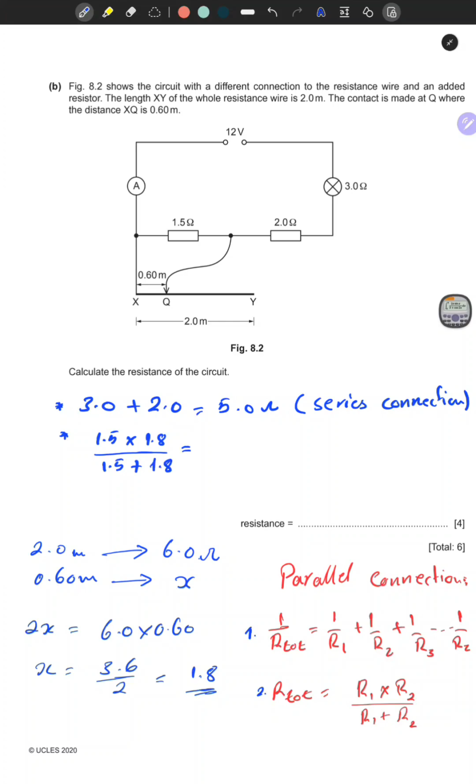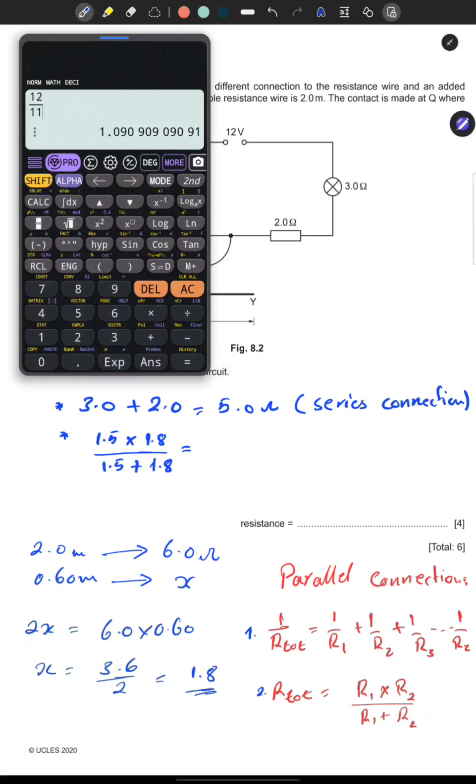Let's see the calculator here. 1.5 times 1.8 gives me 2.7, over 1.5 plus 1.8.